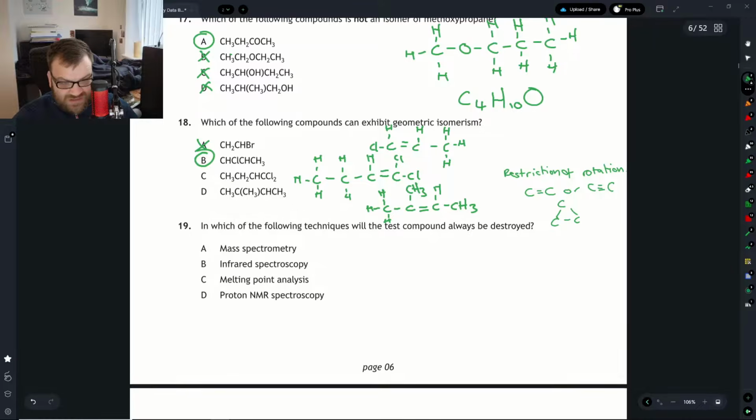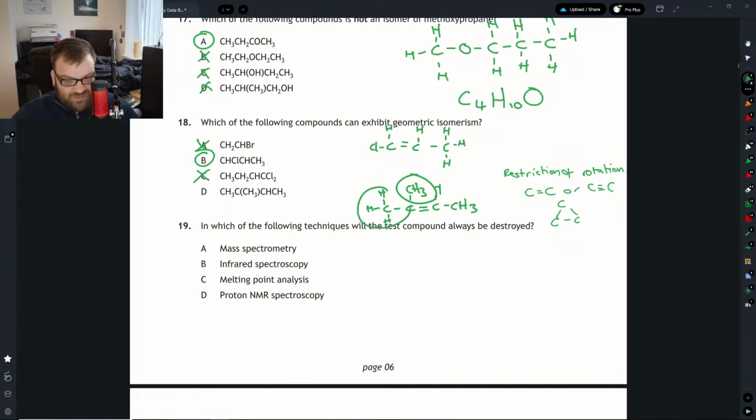Next one, if we look at C, well, off of the carbon-to-carbon double bond, you have 2 chlorines off of the second carbon, and then you've got an ethyl group coming off of the first carbon. The 2 groups are the same, the chlorines, and that's why I'm going to rule out that one answer. When it comes down to D, we've got methyl, methyl, methyl.